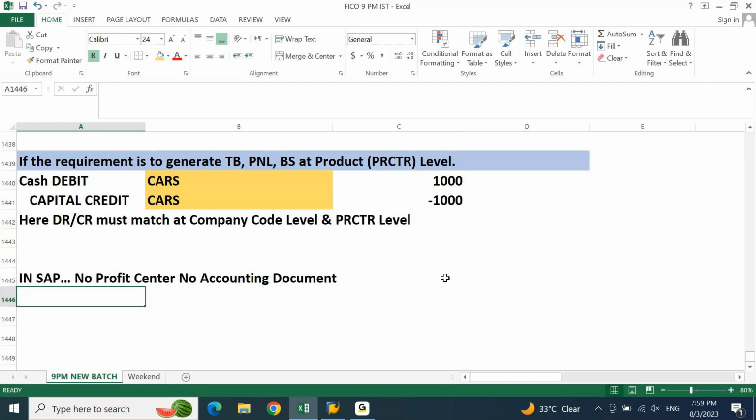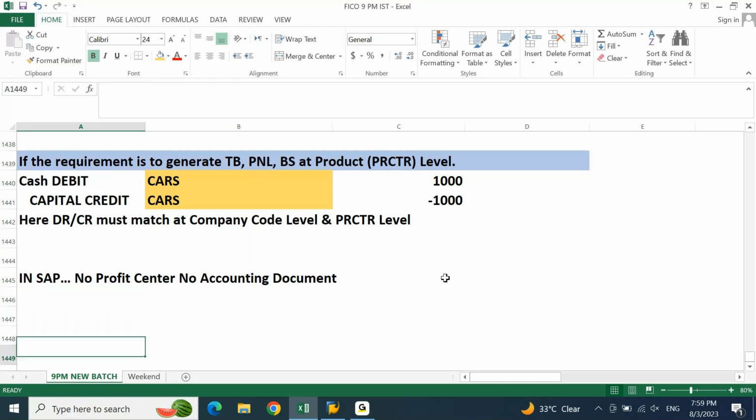In case you are able to post a document without profit center, then what the system is doing is wrong. If you are able to generate an accounting document without profit center, what the system is doing is not correct, because without profit center, your accounting entry is not supposed to get posted.